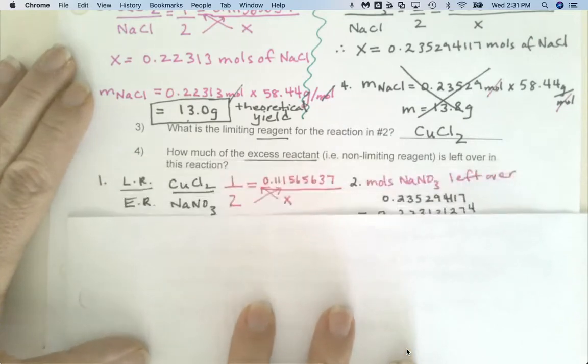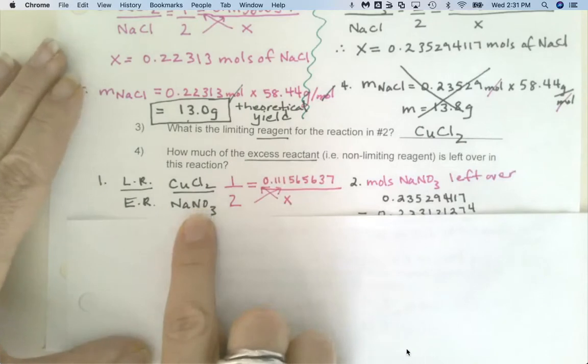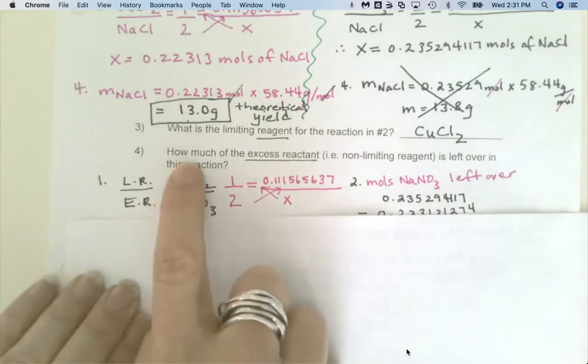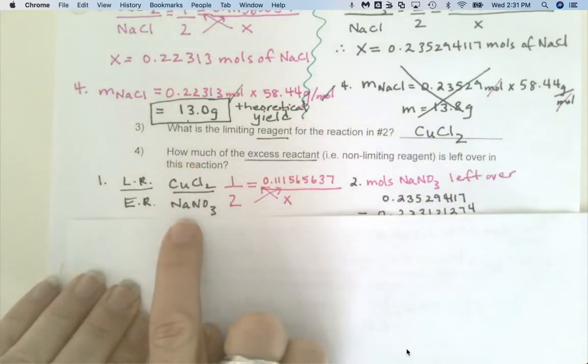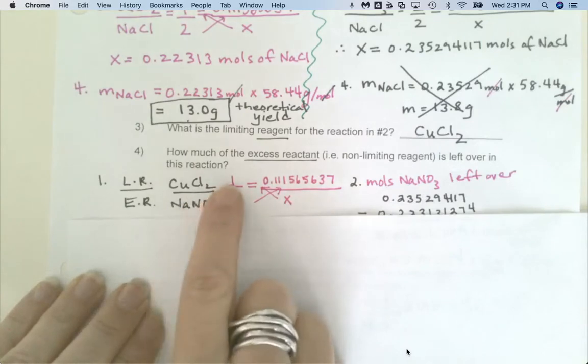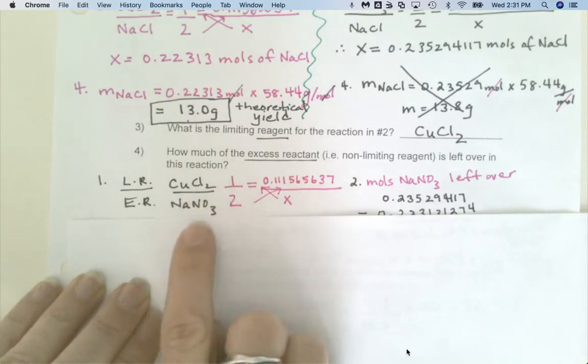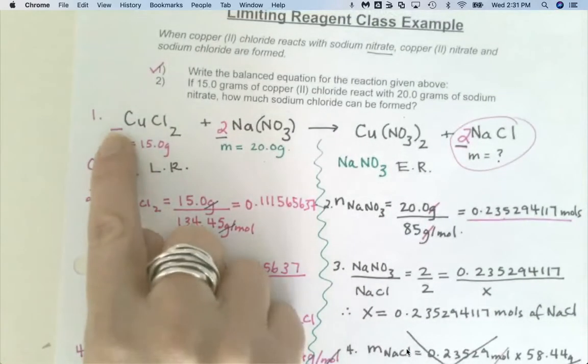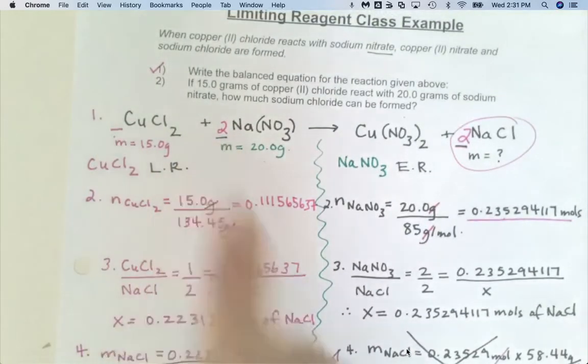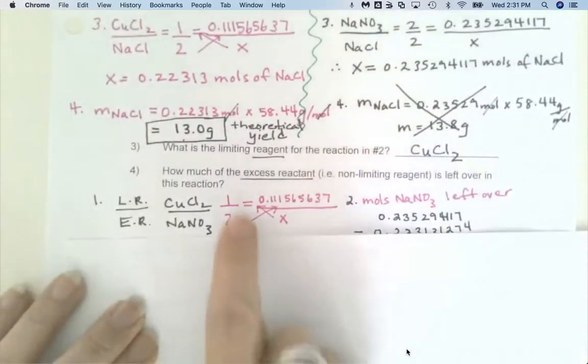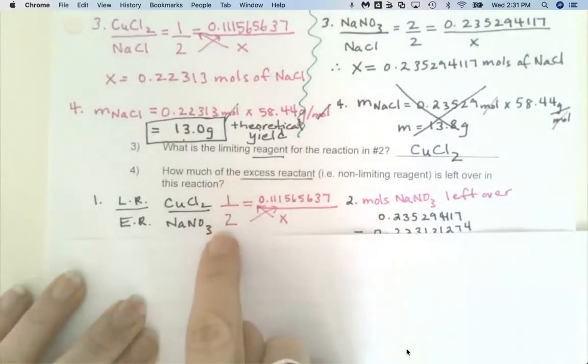Step 1, you'll want to set up a mole ratio between the limiting reactant and the excess reactant. So in this case, between copper 2 chloride and sodium nitrate. According to the balanced equation, they react in a 1-to-2 ratio. So I set up a ratio between those two, 1-to-2.